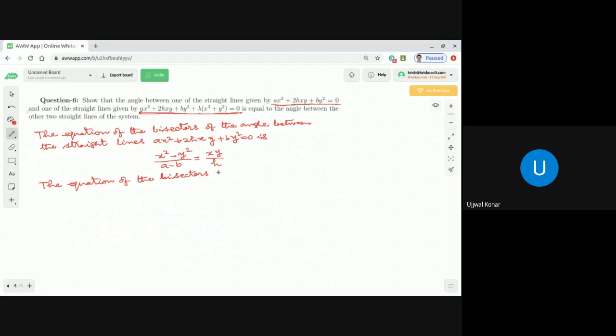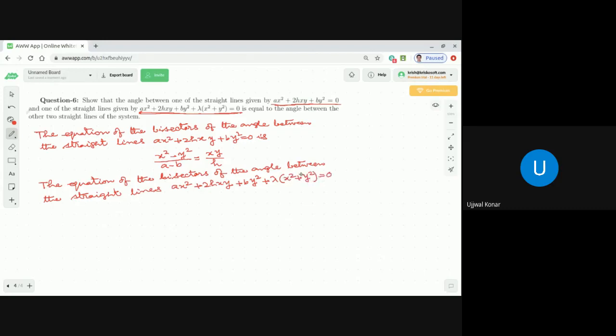The equation of the bisectors of the angle between the straight lines ax square plus 2hxy plus by square plus lambda into x square plus y square equal to 0.